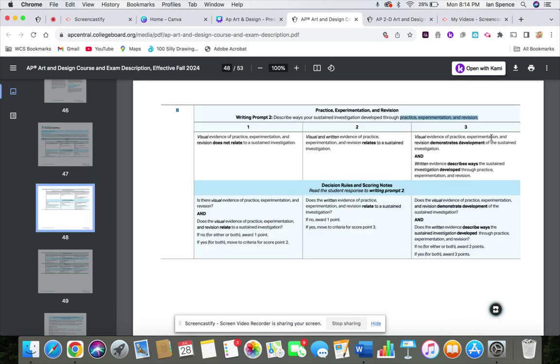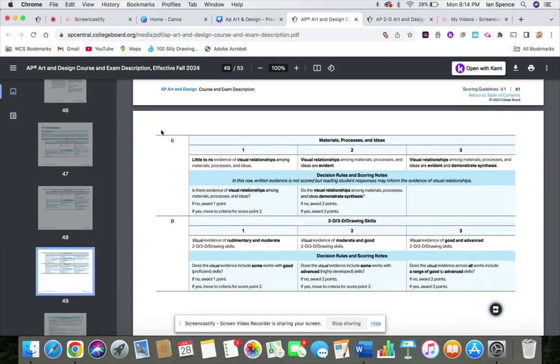Let me go back down here. In order to score a 3, visual evidence of practice, experimentation, and revision demonstrates development of the sustained investigation. So they're looking to see if there's visual evidence and written evidence of how you practiced, experimented, and revised your artwork.